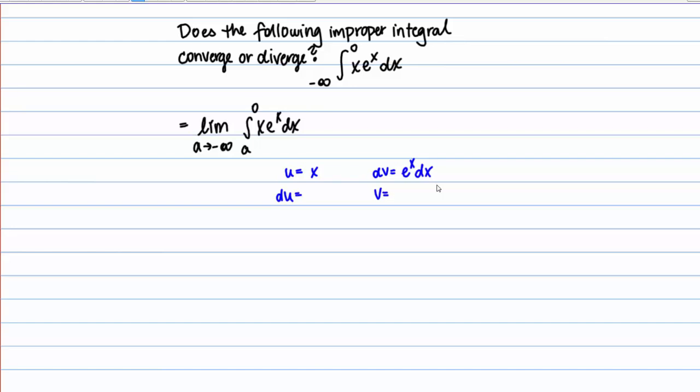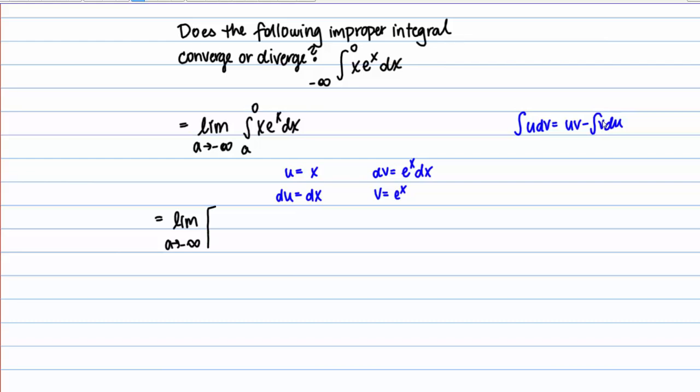Once I've chosen that, then I need to compute du and v. So du is going to be the derivative of u, which in this case is going to give me dx. And then to get v, I'm going to take the antiderivative of e to the x dx, which in this case will just give me e to the x. And then integration by parts says that the integral of u dv equals uv minus the integral of v du. So if we apply that here, I want to always make sure to carry my limit with me throughout.